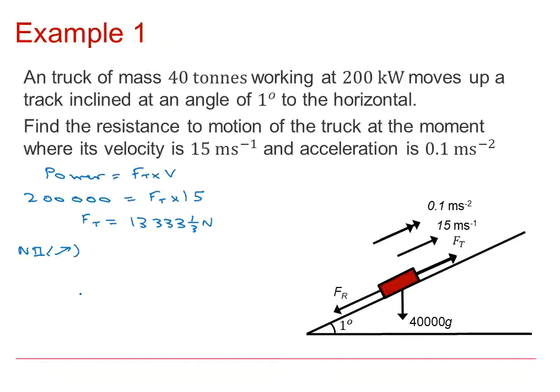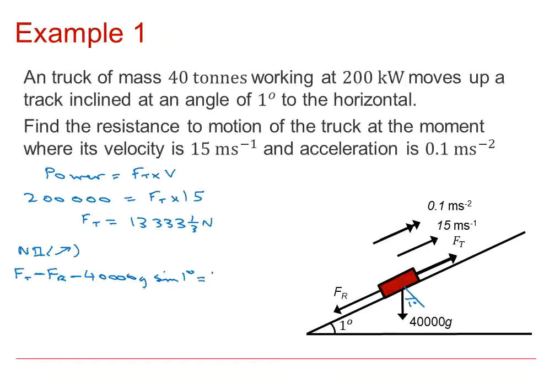So the force acting up the hill, we have a positive Ft. However, we've got Fr, the resistive force acting down the hill, so that's negative. And using the component of the weight, remember that the angle in there is 1 degree. The component of the weight is 40,000 g sine 1 degree. That's also acting down the hill, so that's negative.